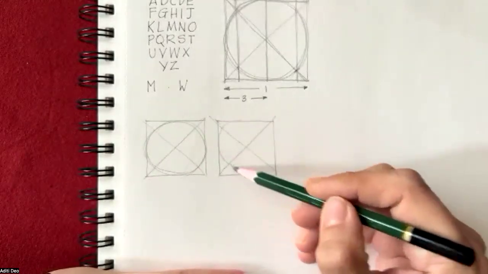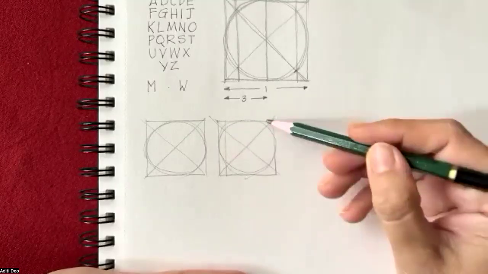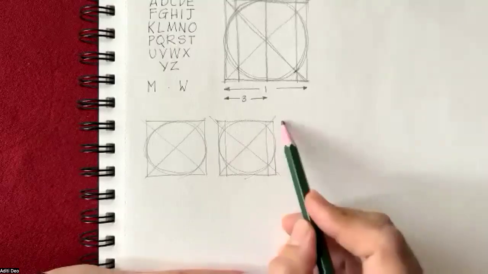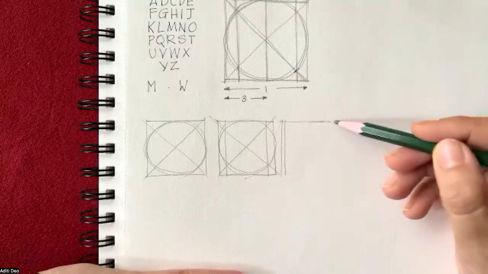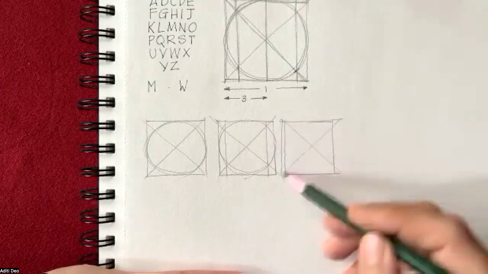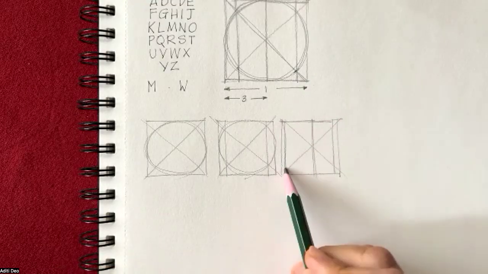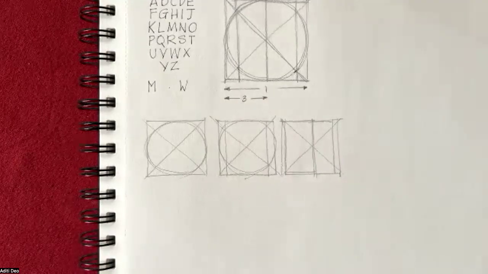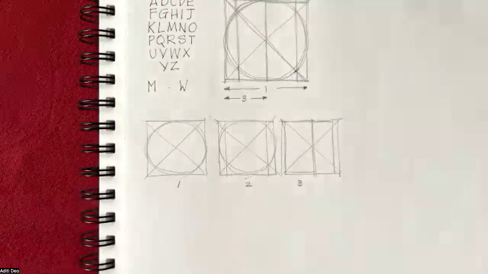In the second one, I'm making the circle and these lines on the side. And then the third one, I'm just making the half shape. So this is our 1, 2, and 3.